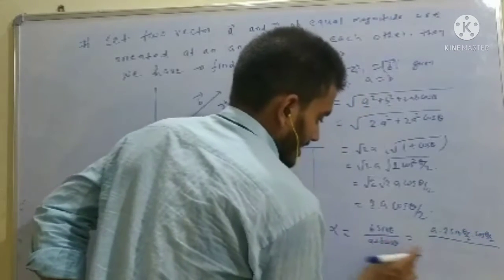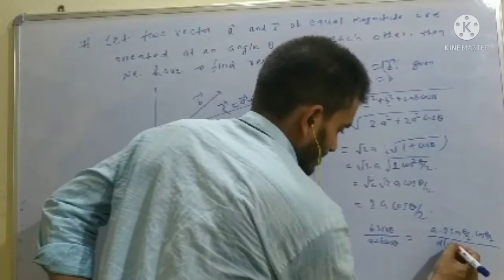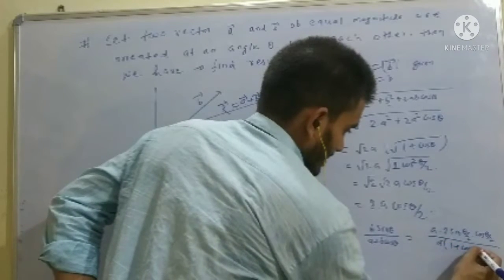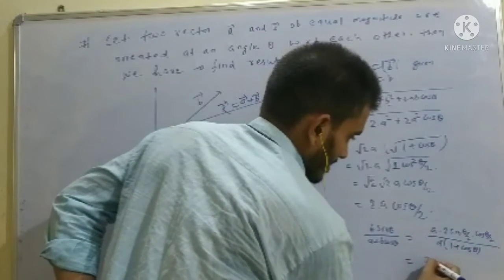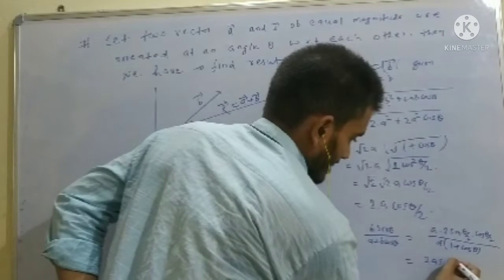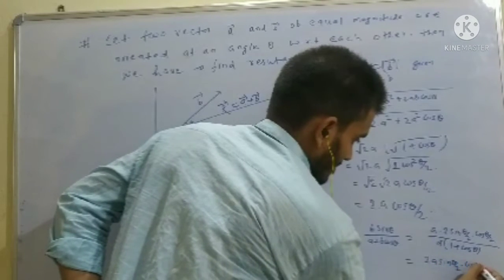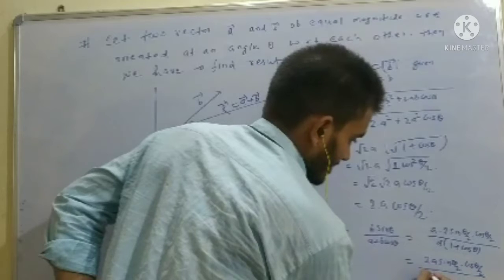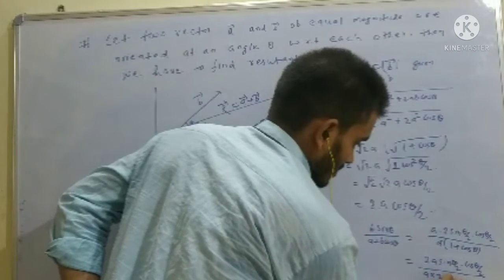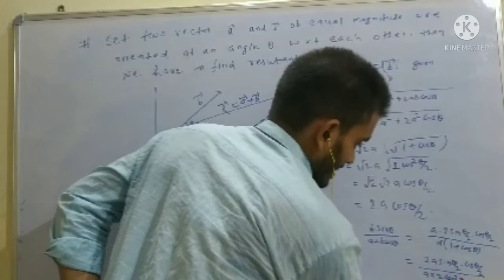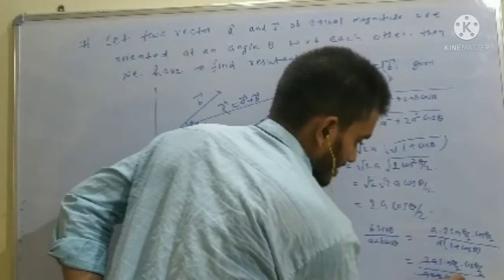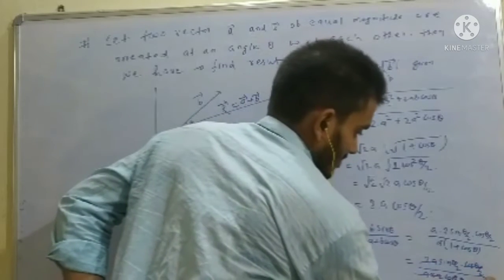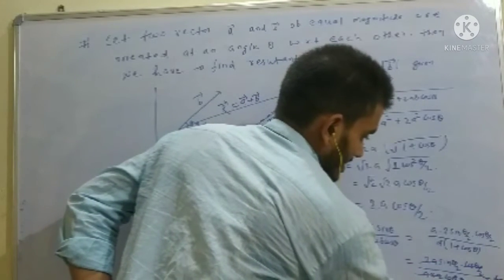So 1 plus cos theta is 2 cos square theta by 2. 2a cancels 2a, equal to tan theta by 2.